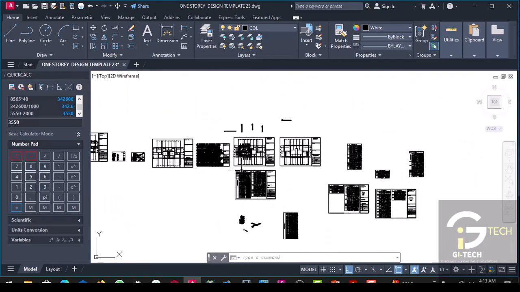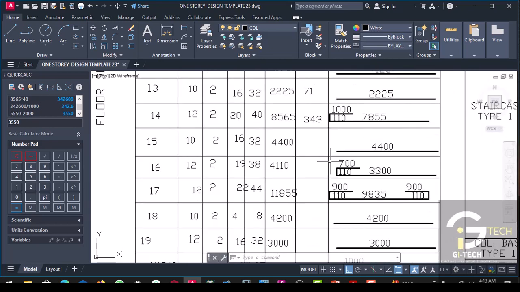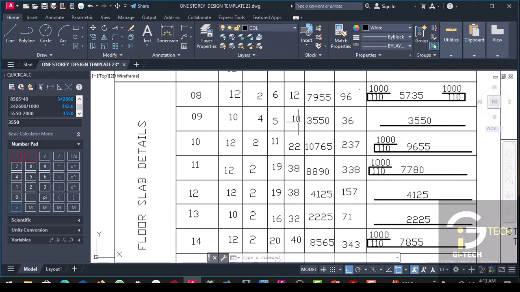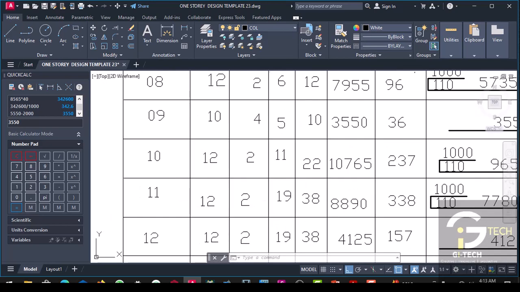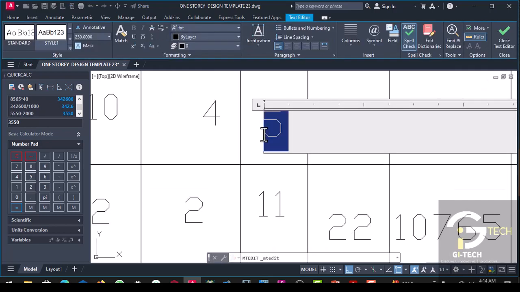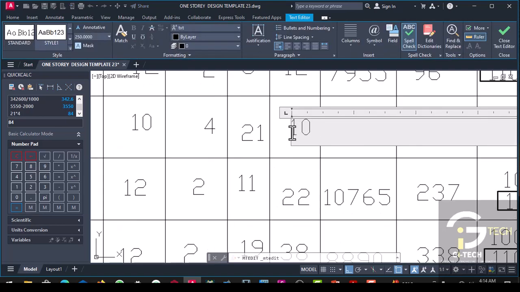So 16 plus 5 will give us 21. 21 times 4 gives us 84.